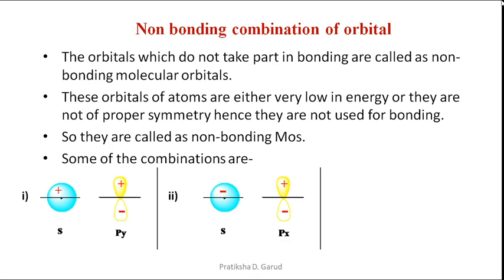Again there is a combination between the minus and the plus sign. They do not have proper symmetry, hence it results in the formation of the NBMO. And the third example is we are having the px orbital, it undergoes combination with the py orbital. Again they do not have proper symmetry, hence it results in the formation of the non-bonding molecular orbitals. So these are the various combinations of non-bonding molecular orbitals.